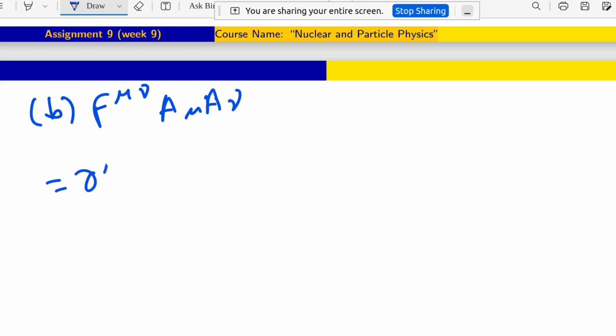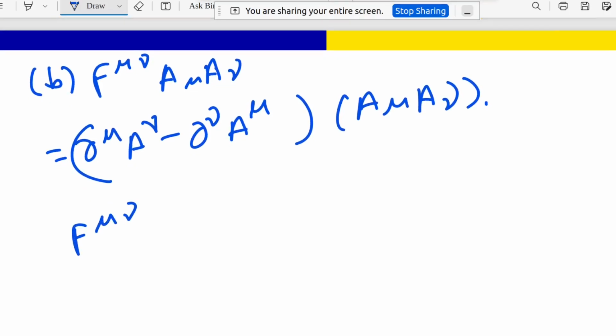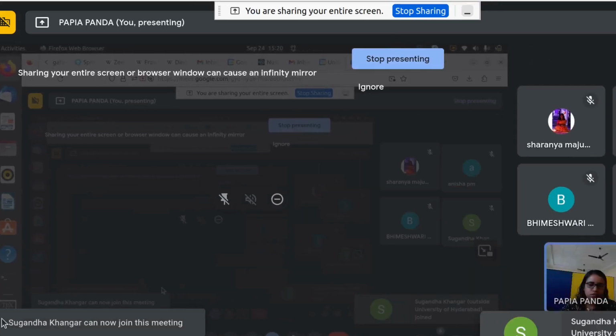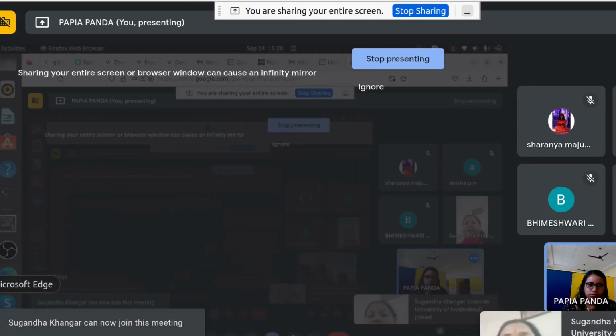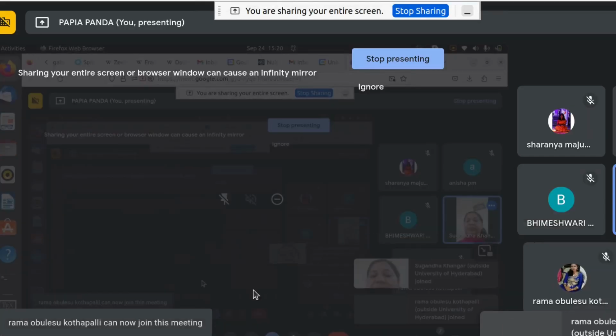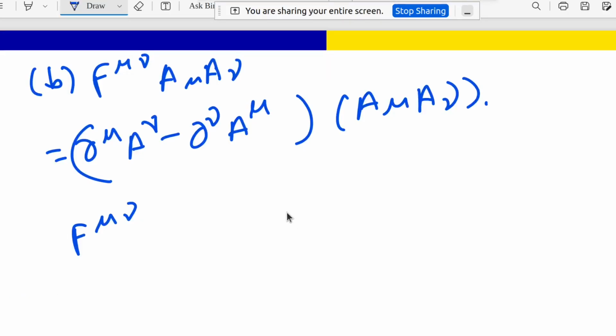Now you can write here ∂_μ A_ν − ∂_ν A_μ and A_μ A_ν. Now we have to calculate F_μν prime A_μ prime A_ν prime.